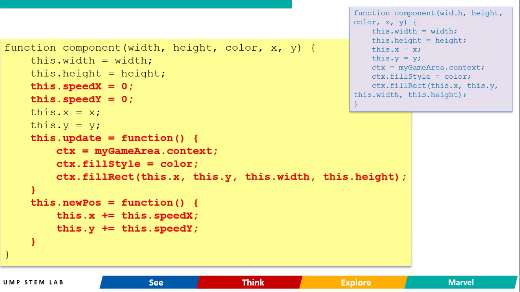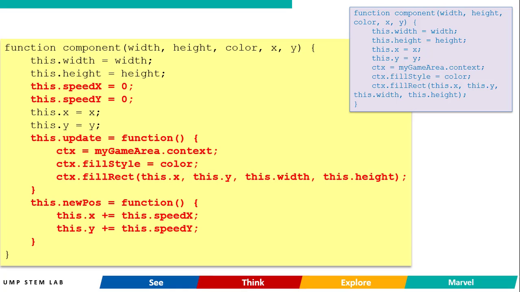Make 2 new properties in the component constructor. Let's call them speed X and speed Y. These properties are being used as speed indicators. Add a function in the component constructor known as new pos, new position, which uses the speed X and speed Y properties to change the component's position.